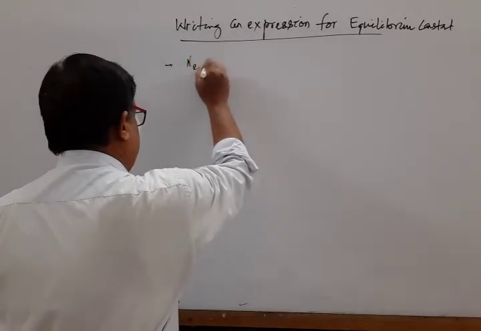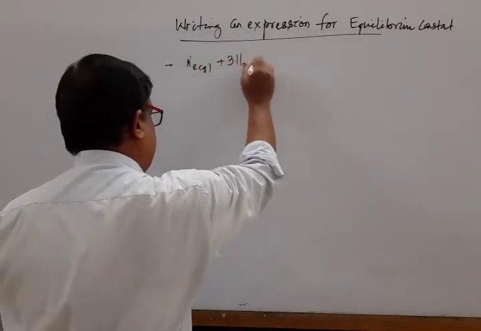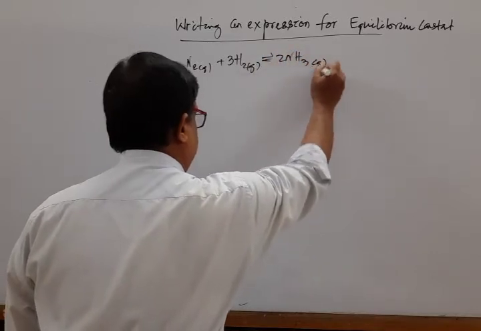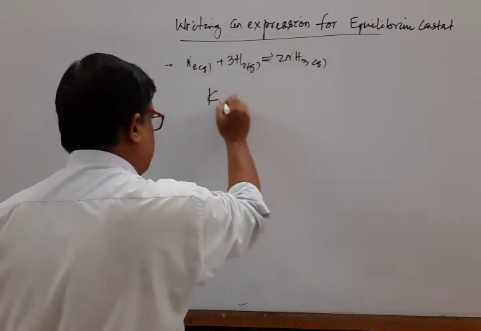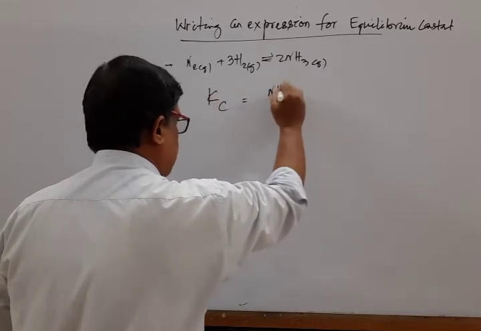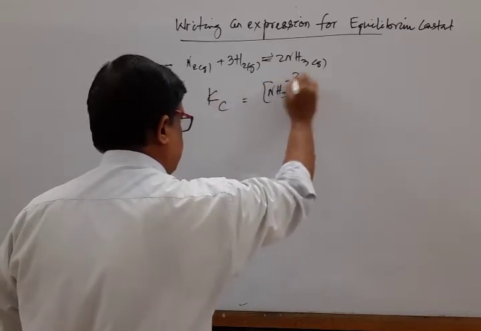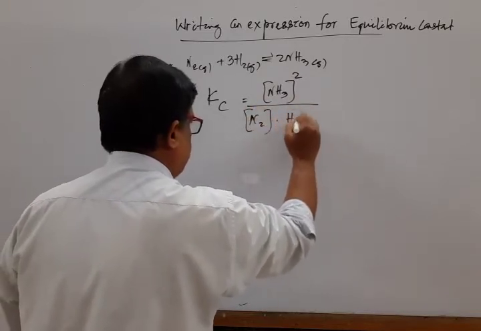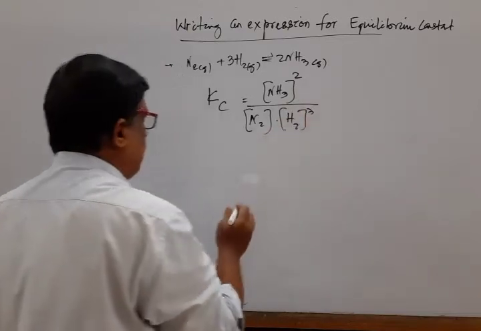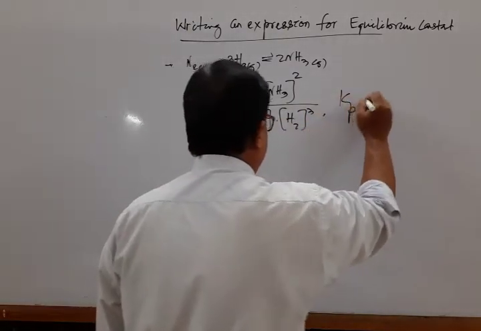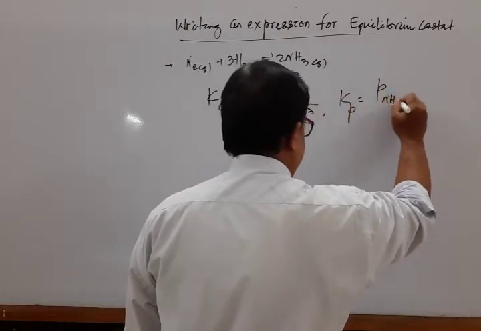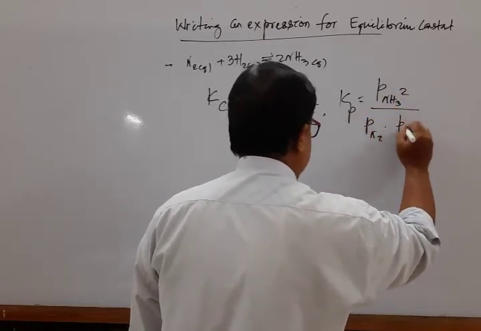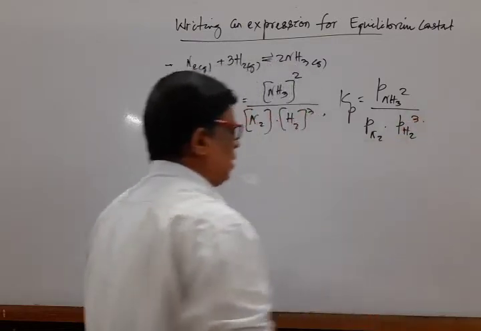Suppose the equation N2 gas plus 3H2 gas gives rise to 2NH3 gas. Then Kc is equal to NH3 concentration to the power 2 divided by N2 into H2 to the power 3. And Kp is equal to partial pressure of NH3 to the power 2 divided by partial pressure of N2 into partial pressure of H2 to the power 3.